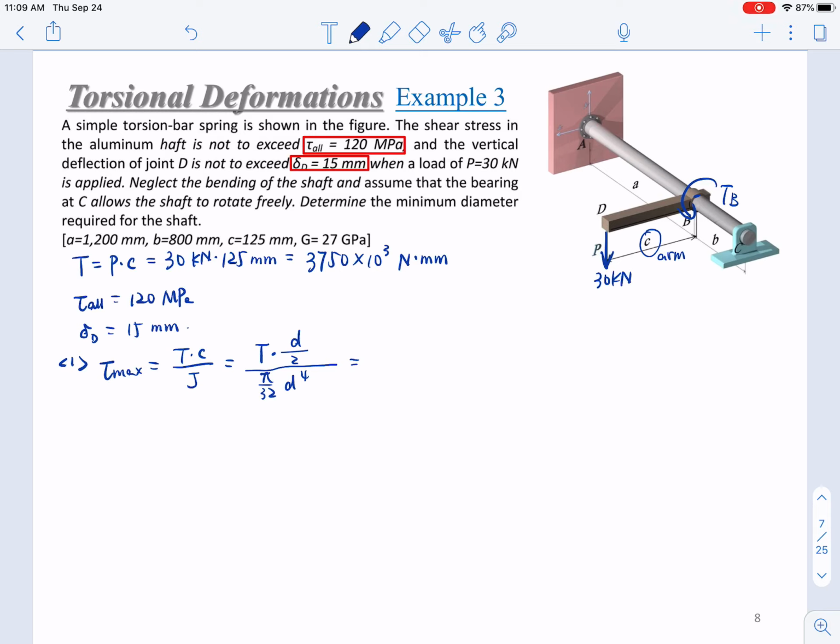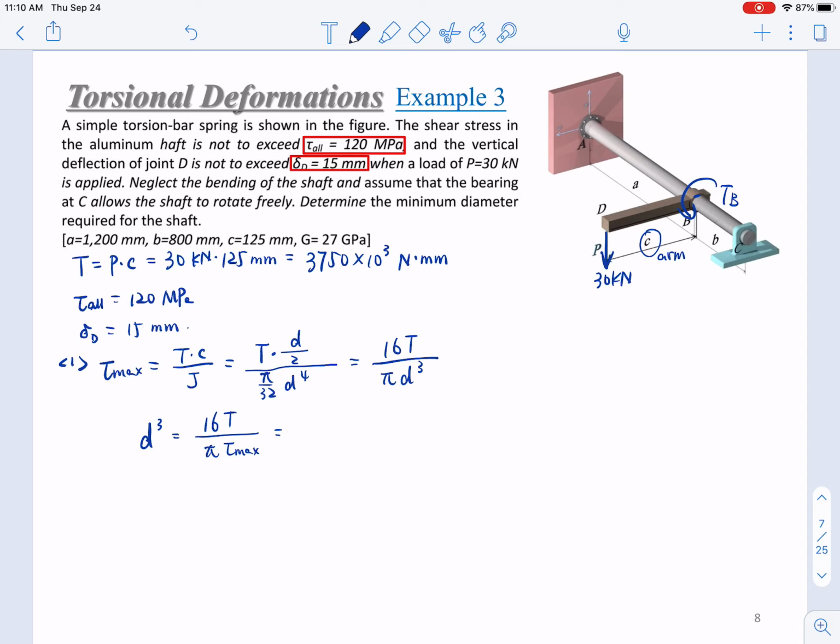And this will be 16T over pi D cubed. So D cubed equals 16T over pi tau max.